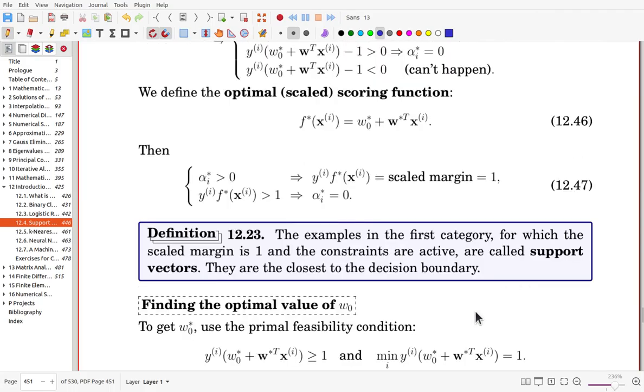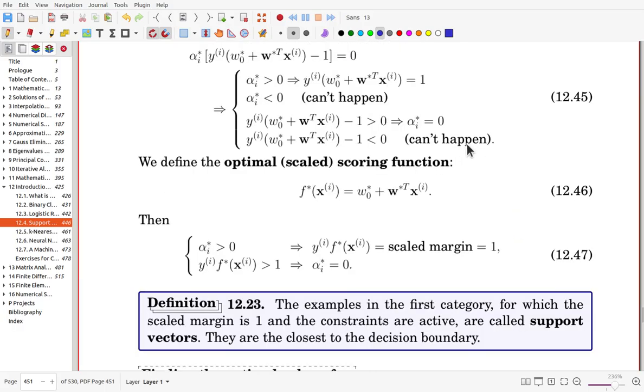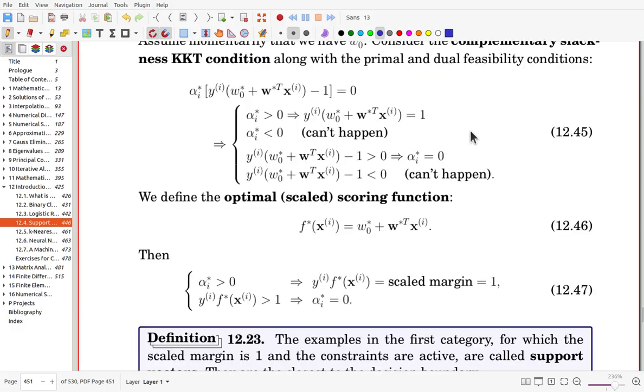Okay. Now here, eventually, okay, look at over there. This complementary slackness is saying that if alpha i is positive, that constraint is tight.